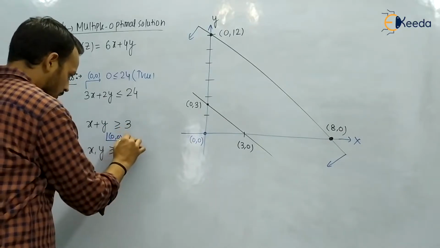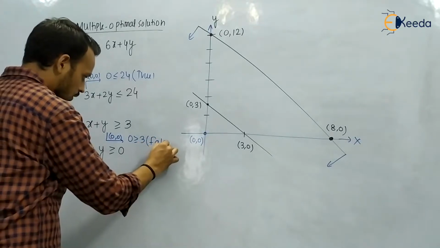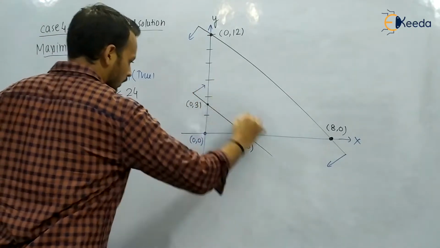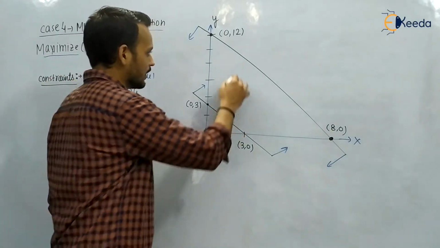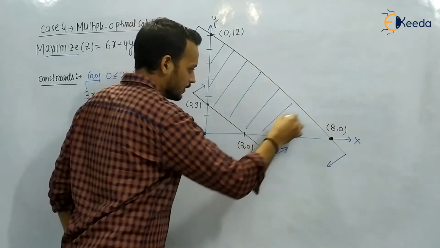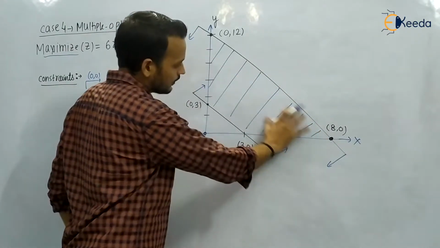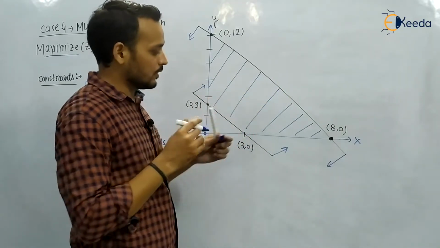This is a greater than or equal to type constraint, so 0 greater than or equal to 3. The condition is false, so the graph is shaded away from the origin. With the non-negative restrictions, we stay in the first quadrant, and this region is the feasible region because any point in it satisfies both constraints simultaneously.